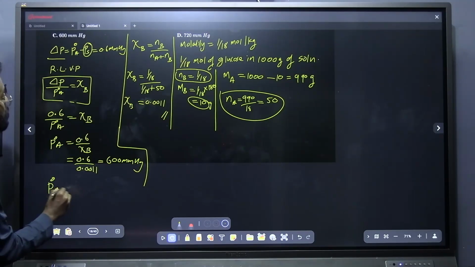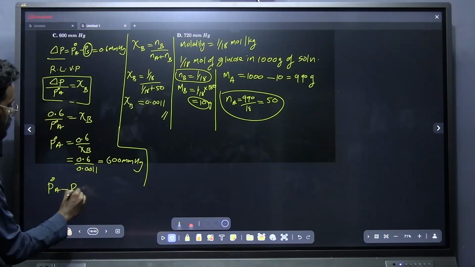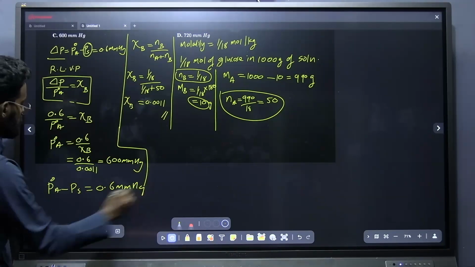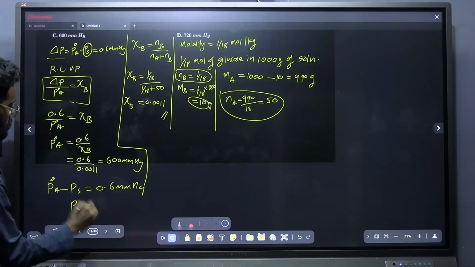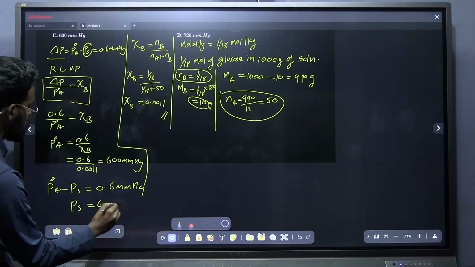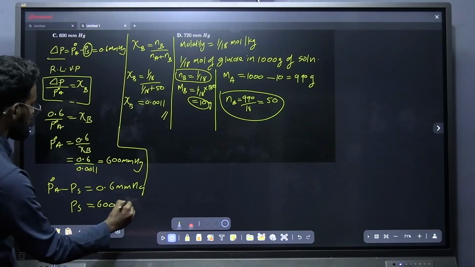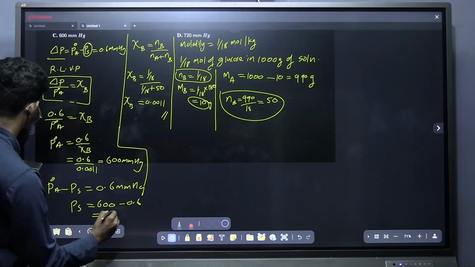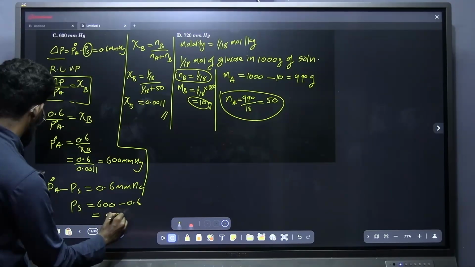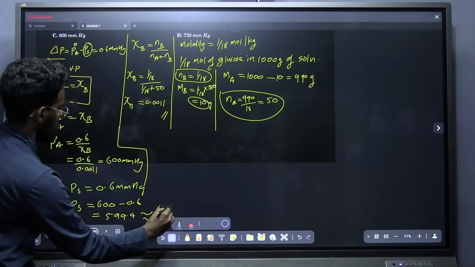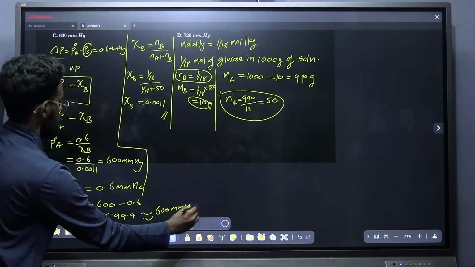P naught A minus PS is 0.6 mm Hg. So PS is equal to 600 minus 0.6, and the answer is coming as 599.4, which we can take as approximately 600 mm Hg. Hope it is clear to everyone.